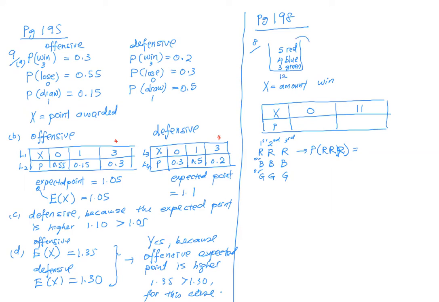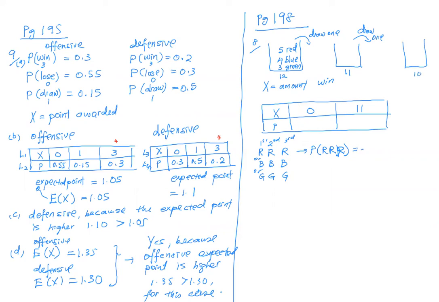You draw 1. The second draw, the total will be 11, correct? Why 11? Because it's without replacement. Then the third time you draw, you are left with 10.